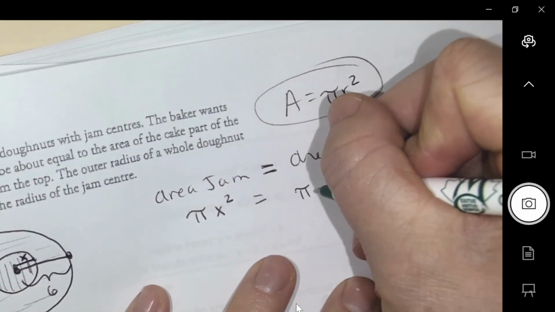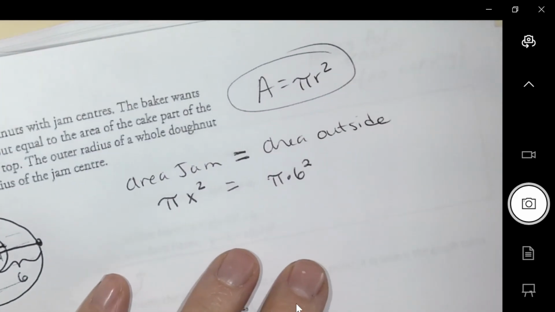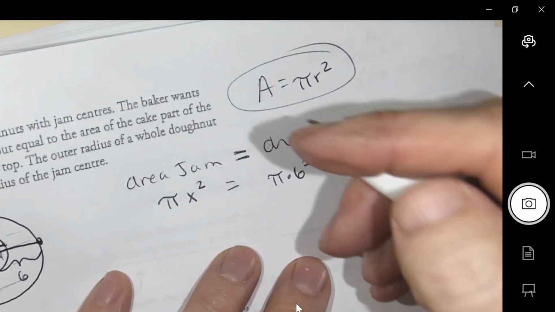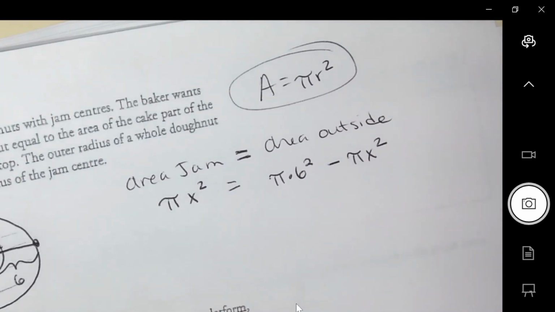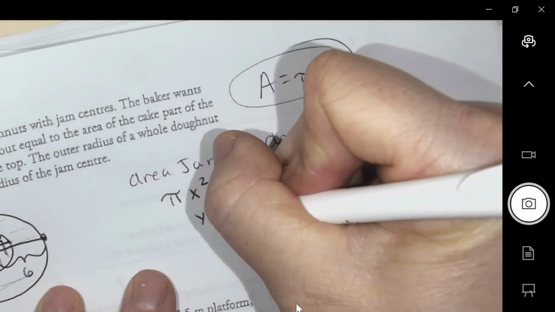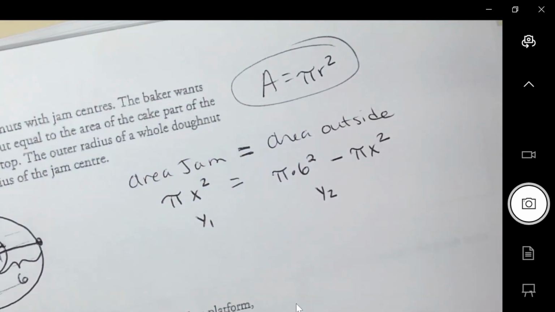So pi times 6 squared, subtract pi x squared. Okay. Pre-calcers would go all crazy to solve this. We're just going to do a y1, y2. Are you trying to solve this algebraically?